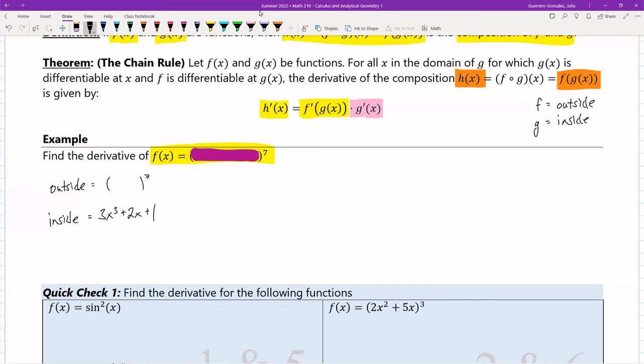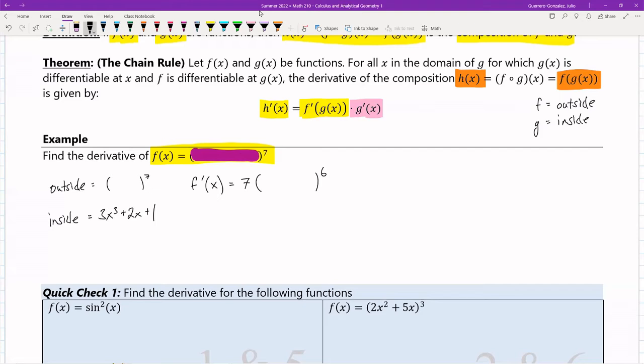If you remember, this is the easy rule from section 3.3. So our f prime, I'm going to start constructing, is 7 times the something to the 6th.